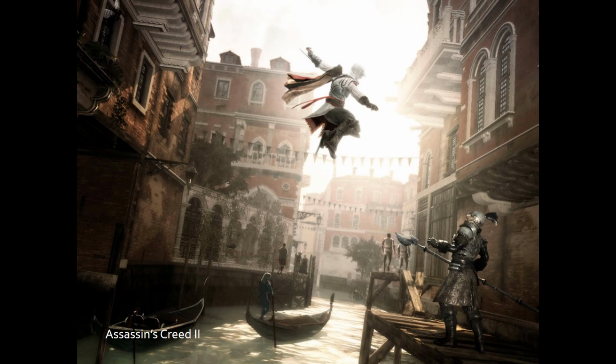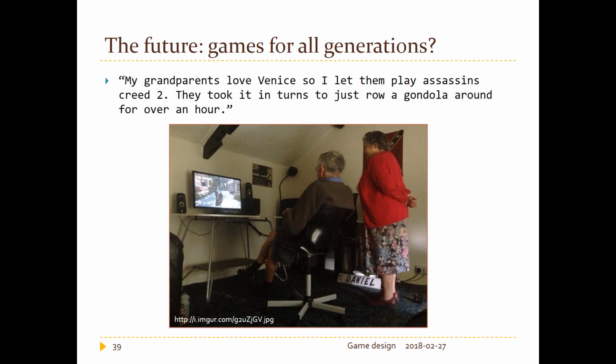And here you see a screenshot from Assassin's Creed 2, taking place in Venice. And apart from the excitement of the game itself, you have very nice graphics and a lot of beautiful scenery in the game. In fact, it's so beautiful, the scenery here.